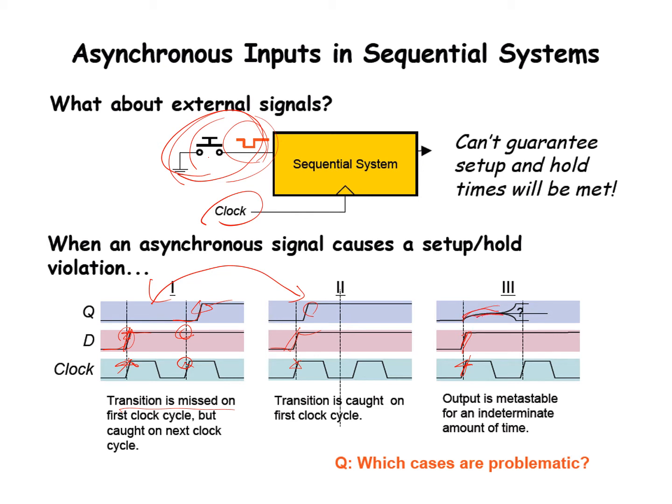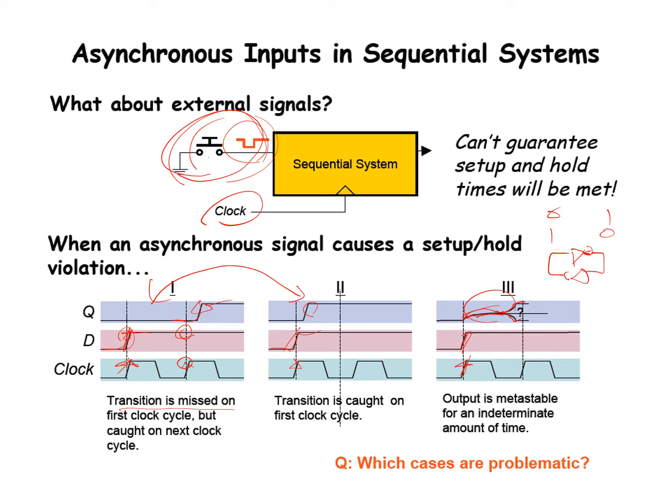Then the internal feedback, the back-to-back inverters, try hard to resolve whether it is 1 or 0, right? It takes much longer time to settle. Finally, we cannot determine whether it will go up or go down.